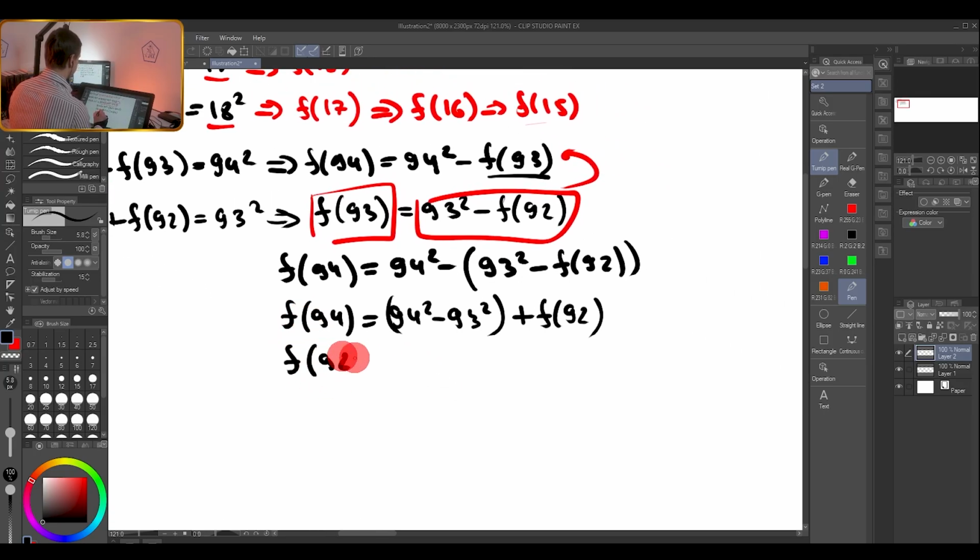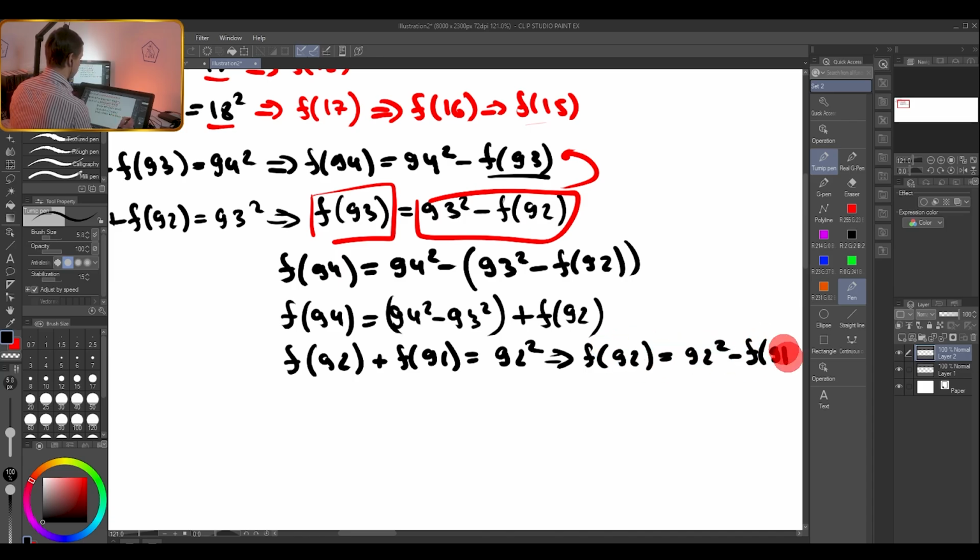Let's work with f of 92 plus f of 91. It is equal to 92 squared. From here, we can express f of 92 equals 92 squared minus f of 91. And of course, it makes a lot of sense for us just to take this expression and substitute it here instead of f of 92.